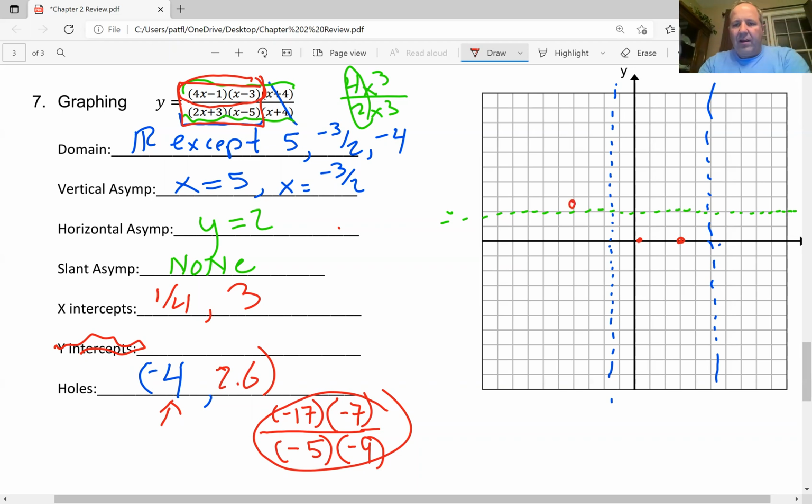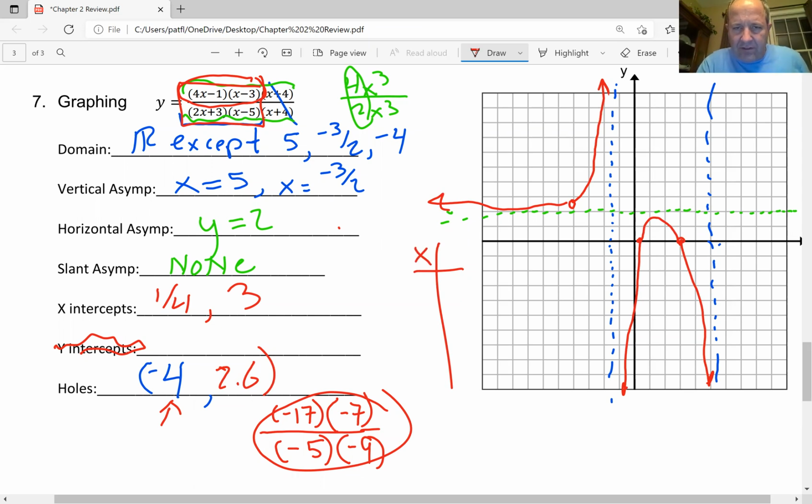Now let's see if this is enough to graph. We'll be coming like this. Here, we're going to be doing one of these. Now, on the right side of that, I think I'm going to need to put a point in and see what happens. Let's put a 6 in. And let's go ahead and calculate what the y value is. So again, what I'm using is that setup, right?